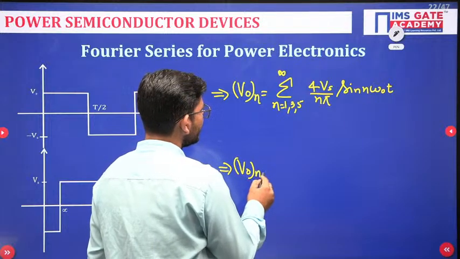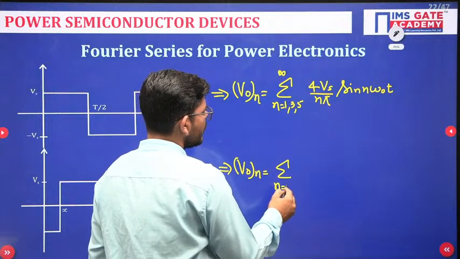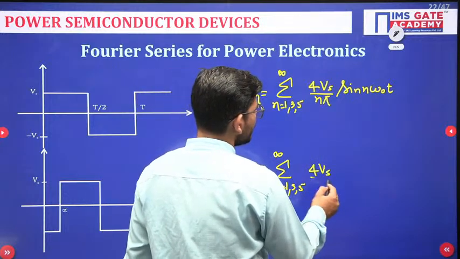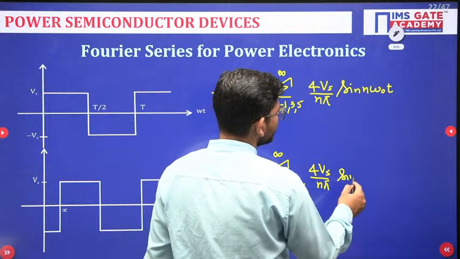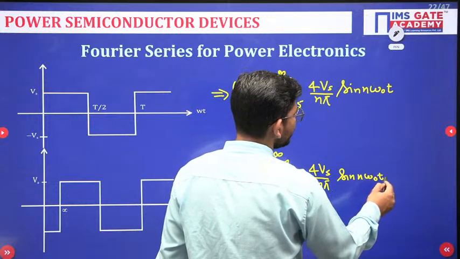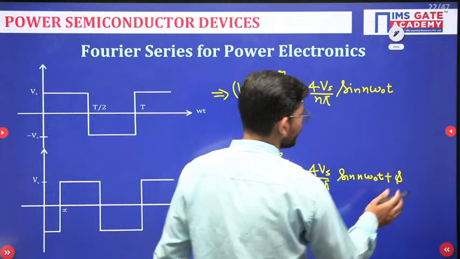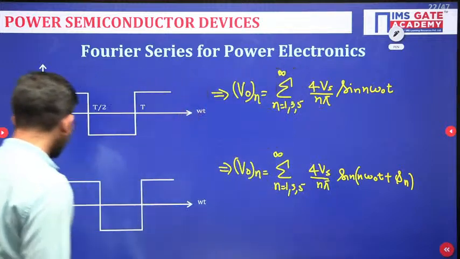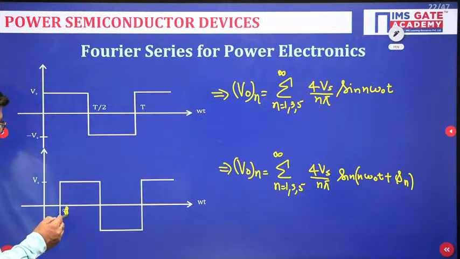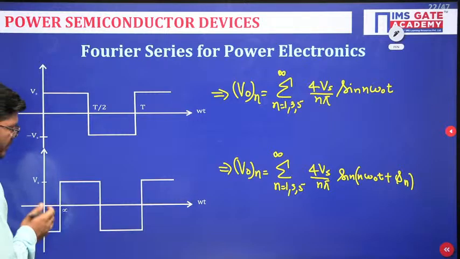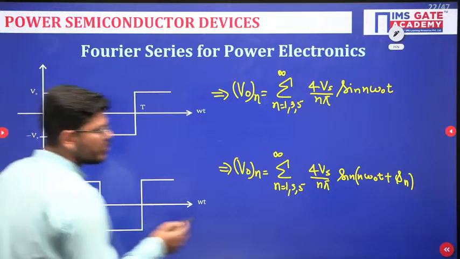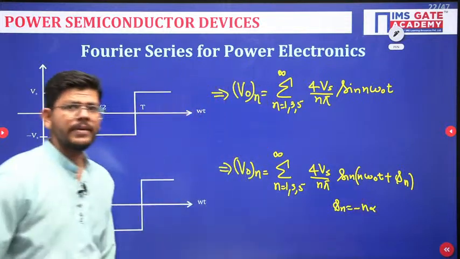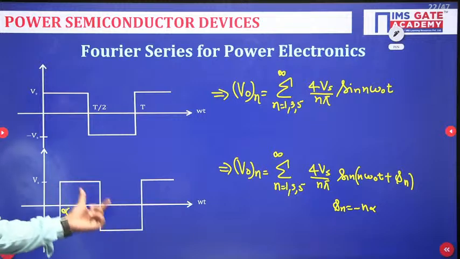You may write n equals 1, 3, 5 to infinity, the same expression 4 Vs upon n pi, and you will write sine of n omega naught t plus phi n. Let me write phi n, where phi n is the angle by which you have shifted. Let us suppose we are writing this as alpha, so phi n will be minus n alpha. Just see, this is how you will write the Fourier series expression for this case.